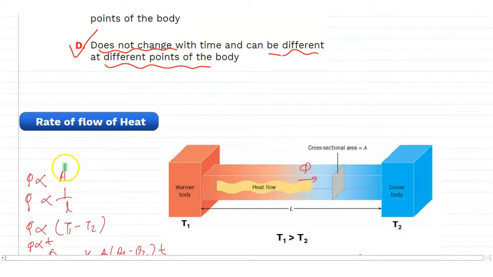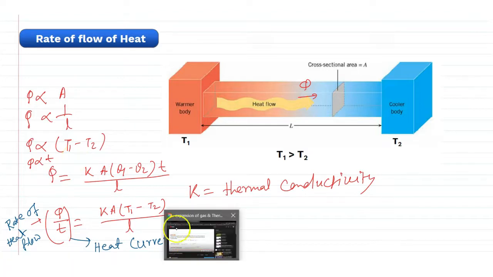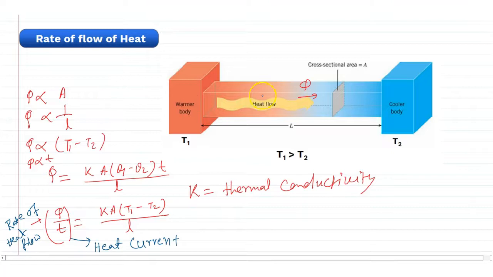Now we have to come to a mathematical term: rate of flow of heat, the amount of heat flowing per unit time. Suppose this is a conductor.